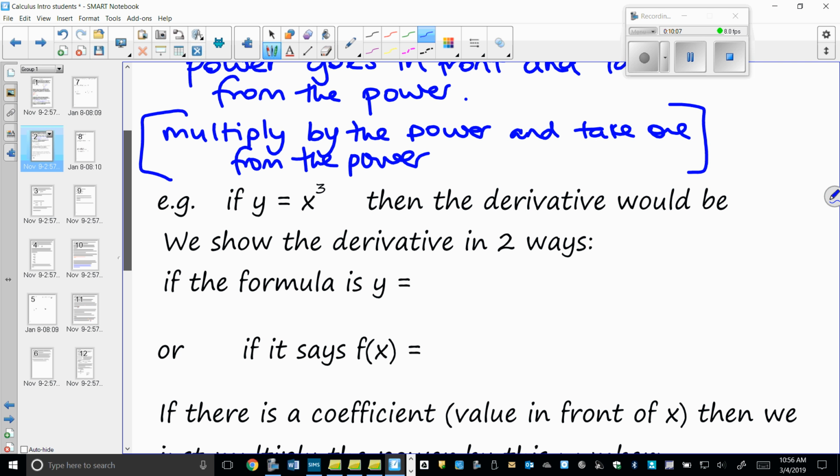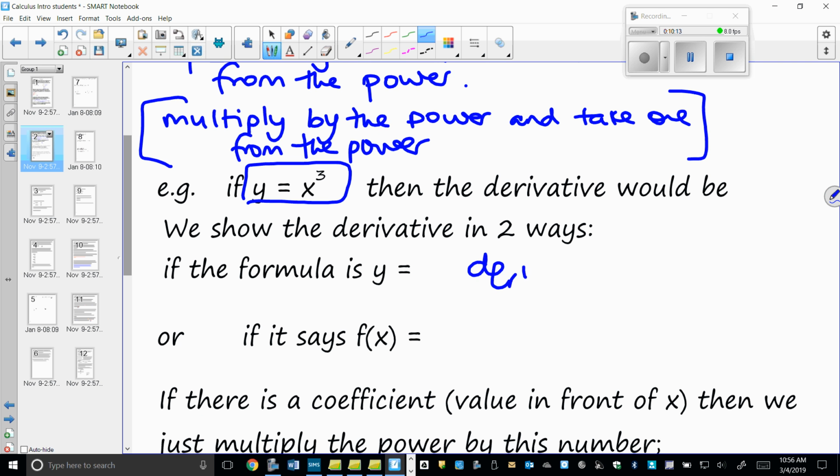Okay, so if the formula is y equals, then the derivative would be shown by dy dx. So it might say y equals x cubed, find dy dx. So you have to recognize that if it says find dy dx, it means you're differentiating it.